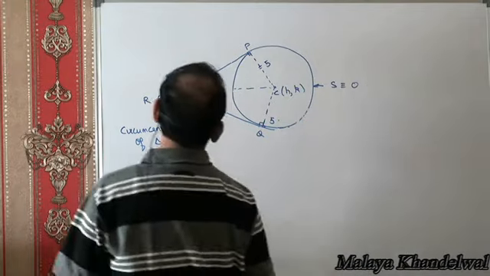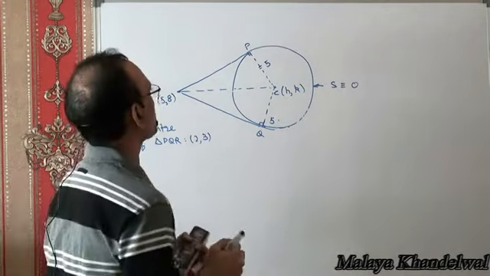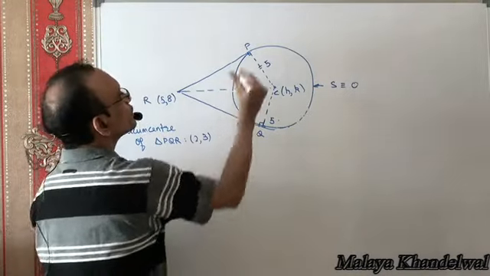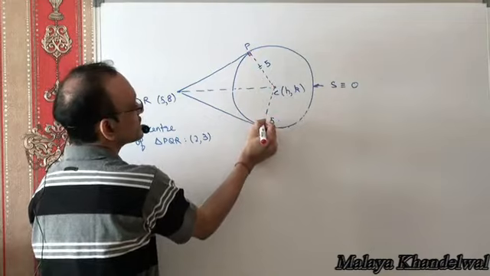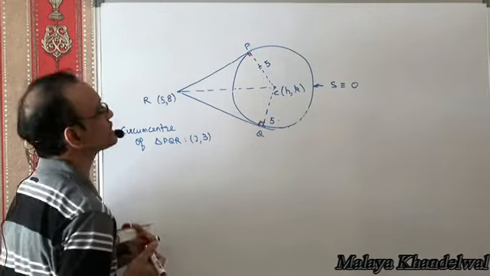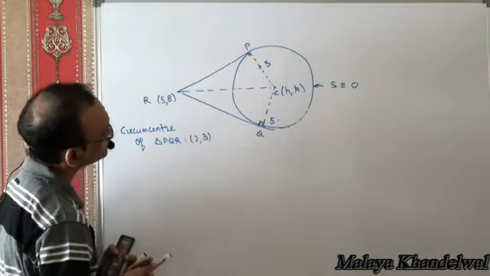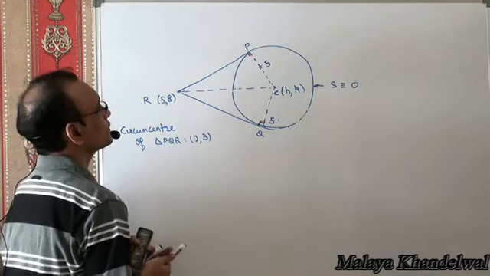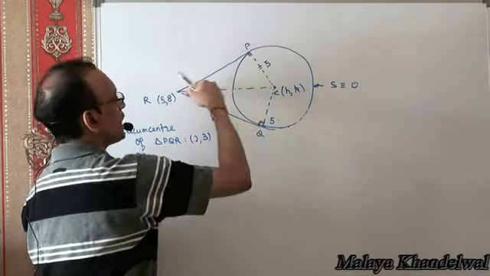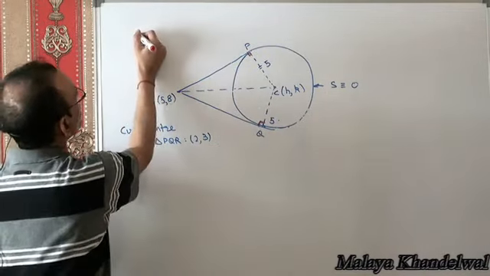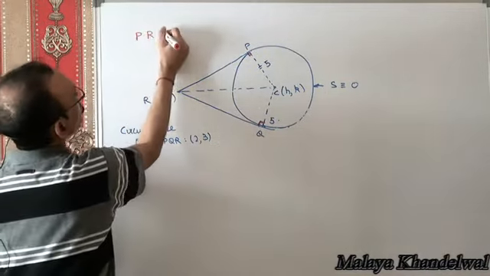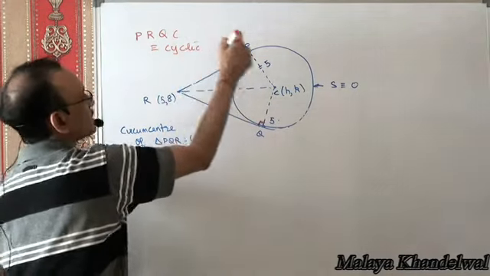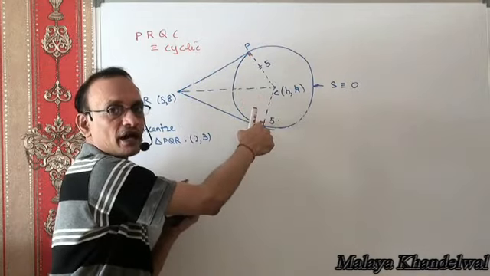Now, how does one do that? One very basic observation: realize that this is 90 degrees, radius perpendicular to the tangent. This is 90 degrees. So which means PRQC is a cyclic quadrilateral, because a pair of opposite angles is supplementary.